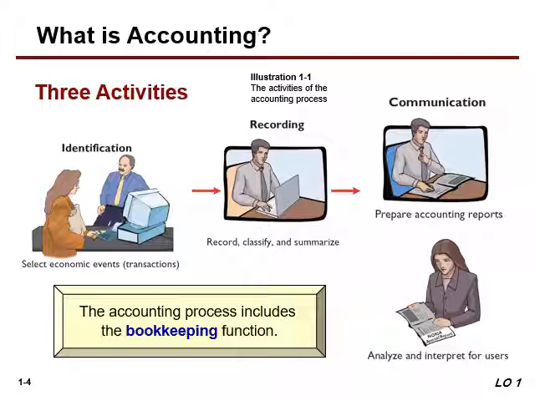We have three activities as you can see in this slide: identification, select economic events, which is called transactions, and number two, recording, how to record or classify and summarize, and finally how to prepare the accounting reports to be able to convey useful and reliable information to the external users who are using this information to evaluate and assess the financial situation of the organization.